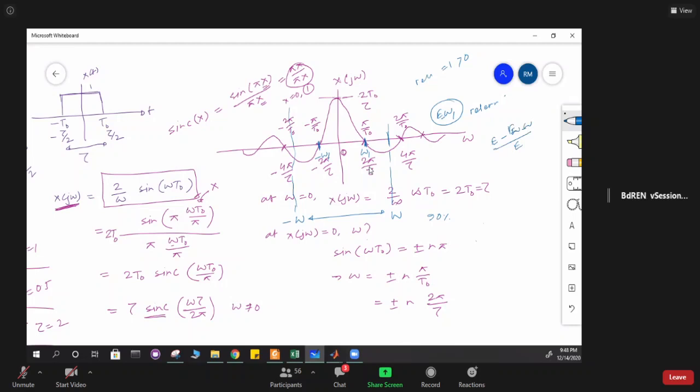So the relative error will be greater than 0. So again we will be adding the step size. That means now we are at this zero crossing, twice pi by tau. Then another step will be added, that is twice pi by tau. That means it will give 4 pi by tau.